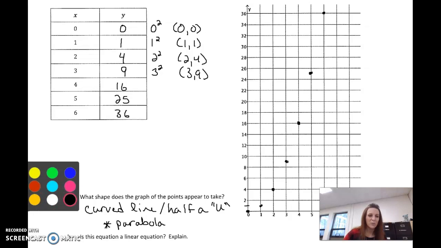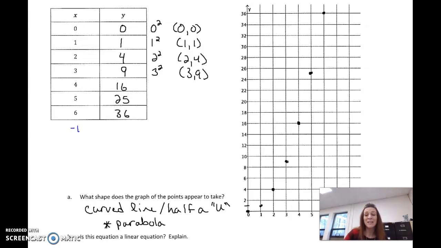Okay, and I just want to show you real quick what happens if we put some negative numbers in here. What happens if I put -1? And the reason I want to show you this is you need to be careful. Sometimes in a calculator you can type -1 squared and it will not give you the correct answer. Remember, this means -1 times -1. Negative times negative is a positive. 1 times 1 is 1. Okay, negative 2.